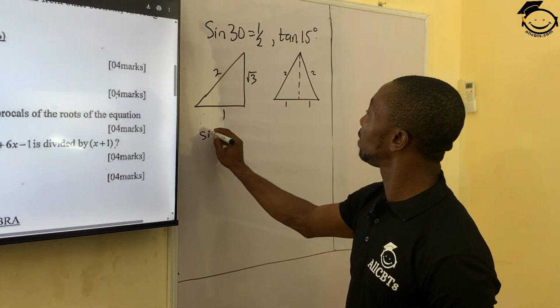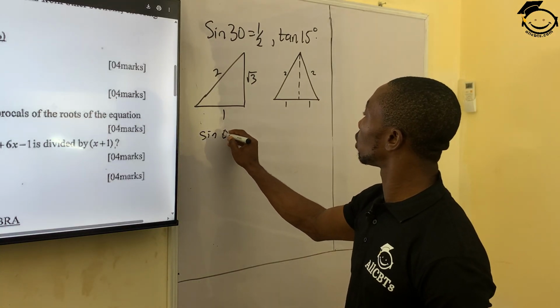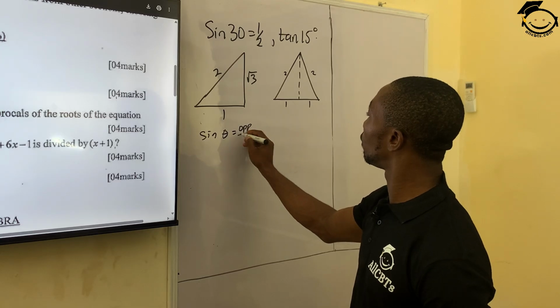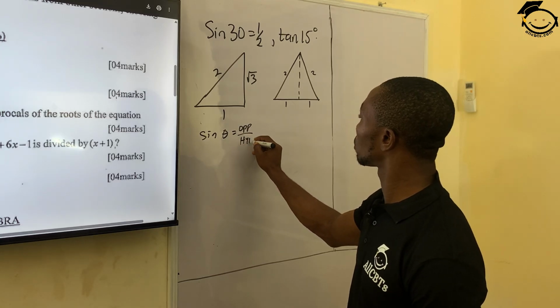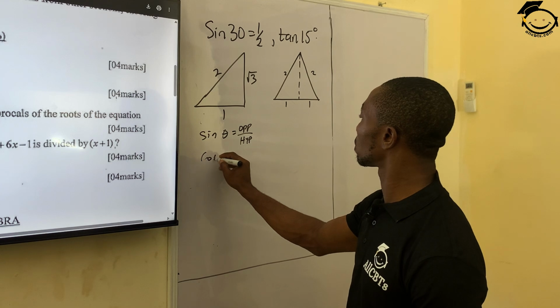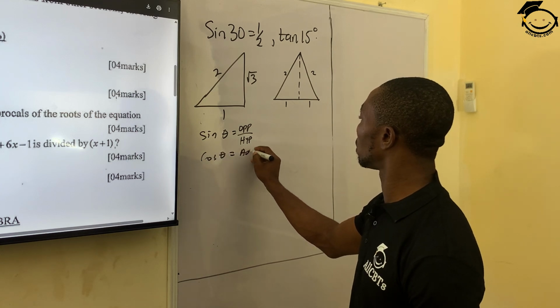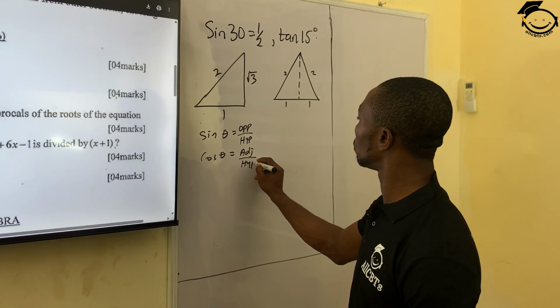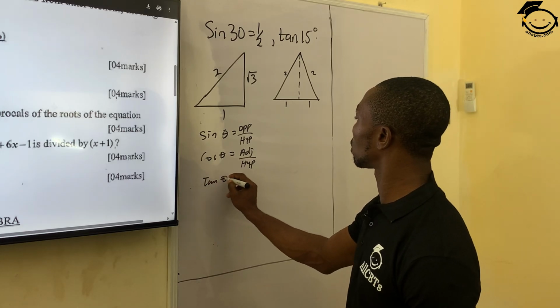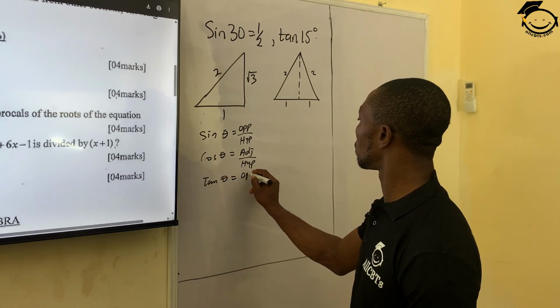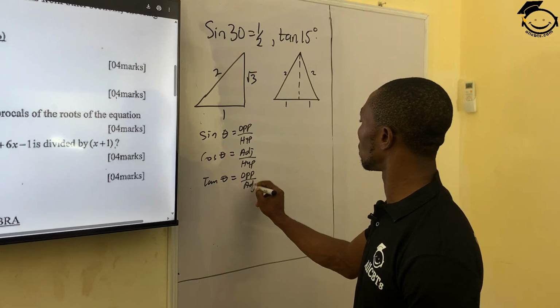we know that sine theta equals to opposite over hypotenuse, cos theta equals to adjacent over hypotenuse, and tan theta equals to opposite over adjacent.